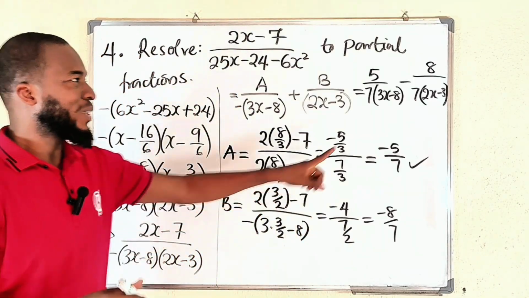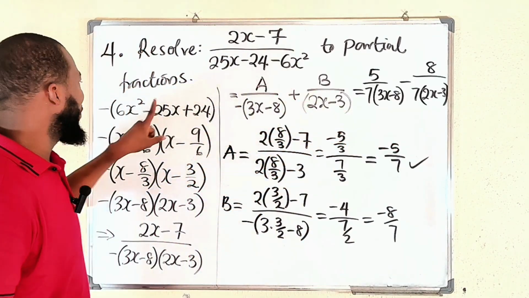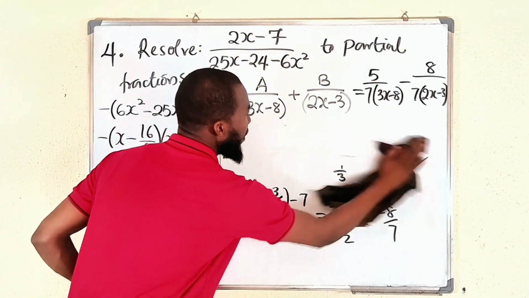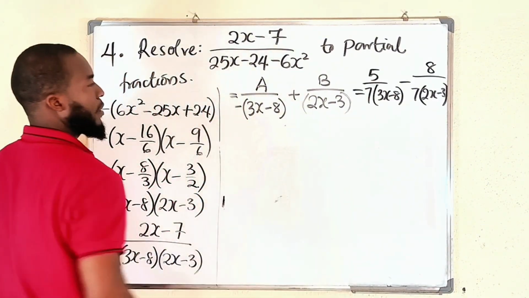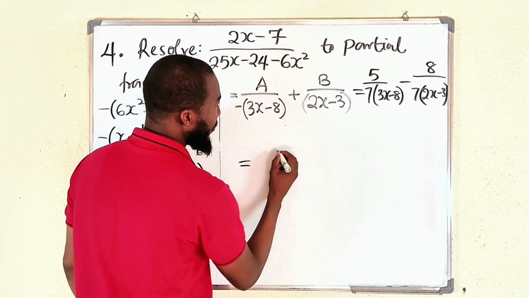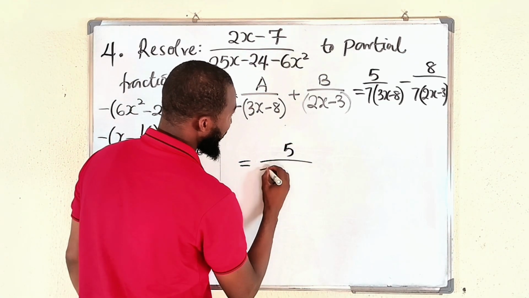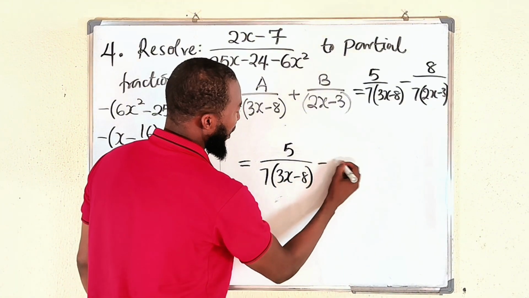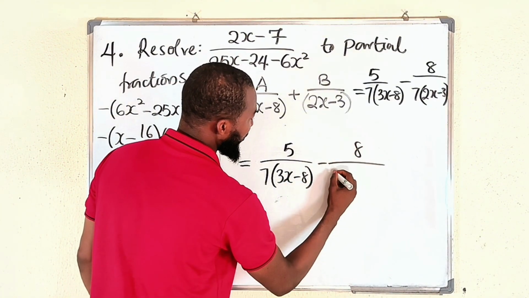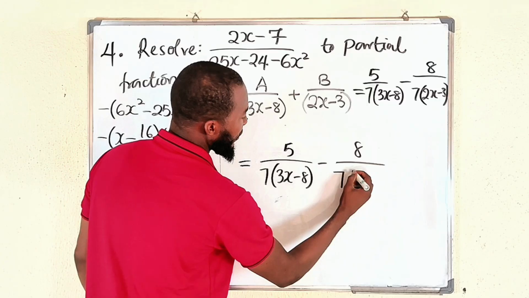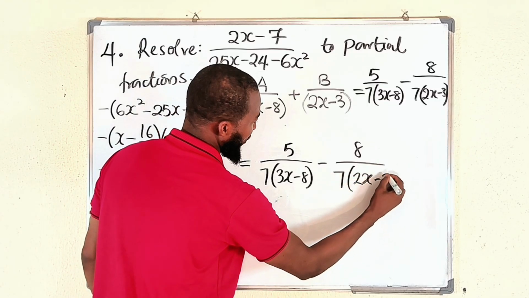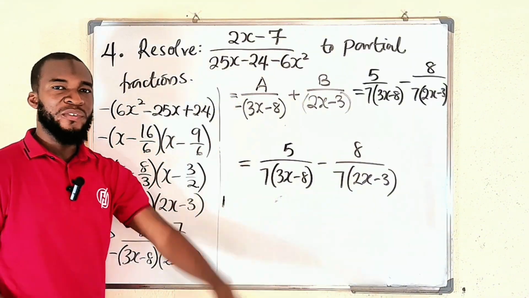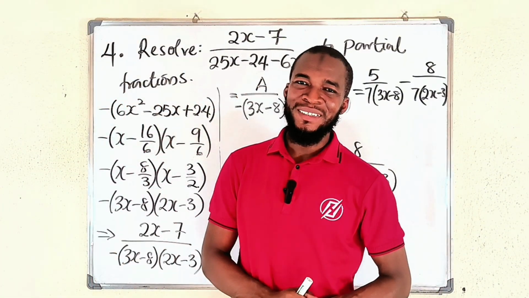So this is the partial fraction of this compound fraction. Let me write it properly here. We have 5 divided by 7 times 3x minus 8, minus 8 divided by 7 times 2x minus 3. This is the partial fraction of this compound fraction. As simple as that. Bye-bye.